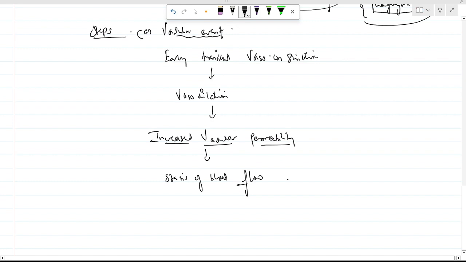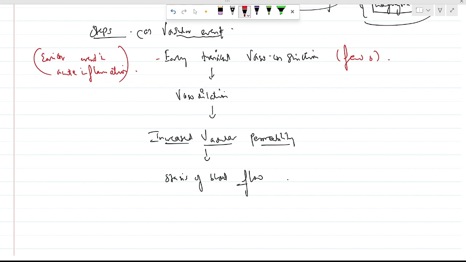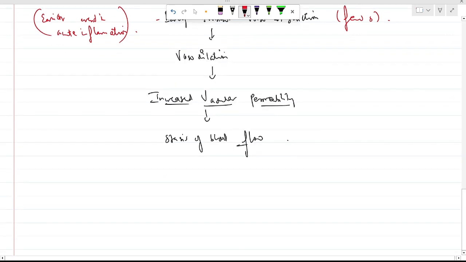Okay, now here some points. Early transient vasoconstriction lasts for few seconds. This is the earliest event in acute inflammation. And increased vascular permeability is very, very important.